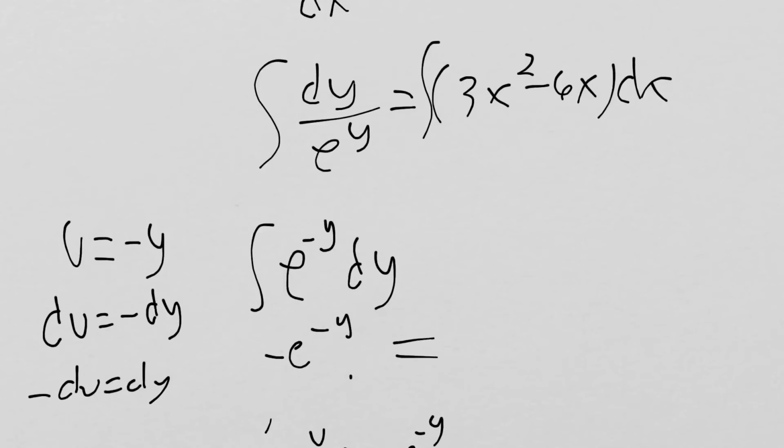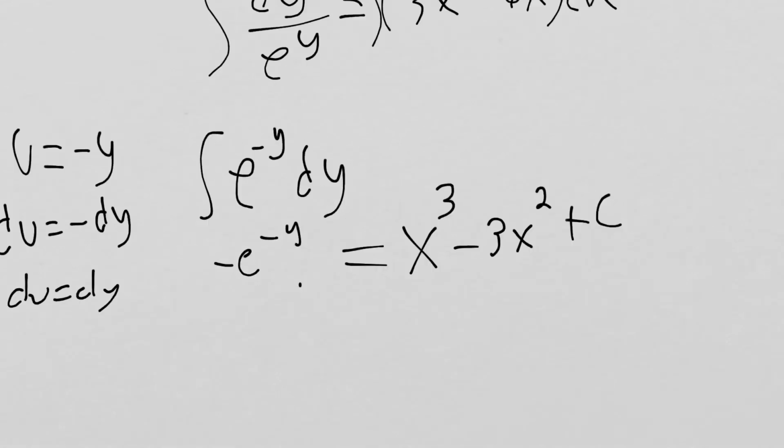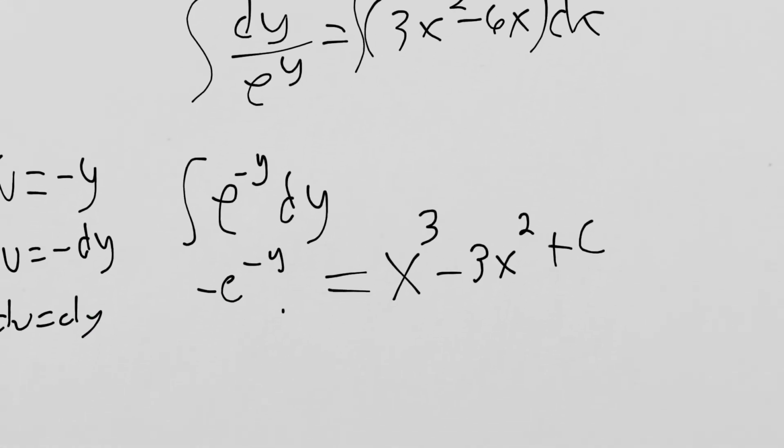That's equal to the integral of this side. The integral of 3x squared is x cubed, minus the integral of 6x, which is minus 3x squared, plus c. You can always try to solve for the plus c after you've isolated y, but in this case it might be easier to solve for the plus c now. We know that x is 1 and y is 0.